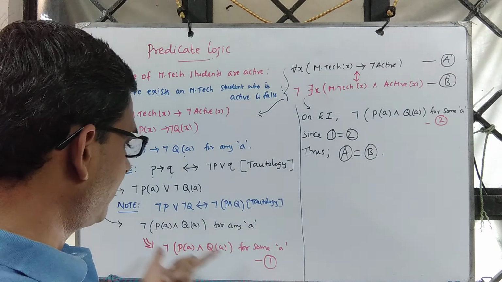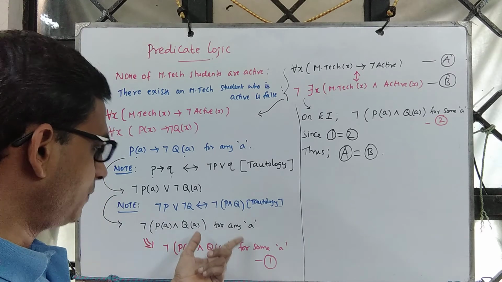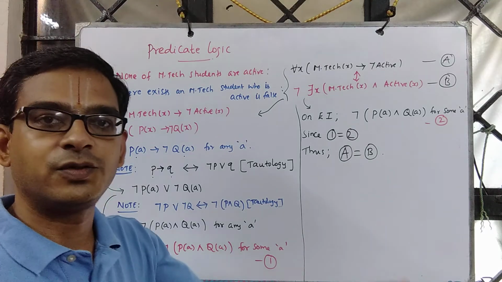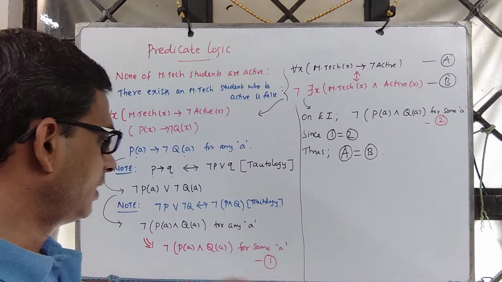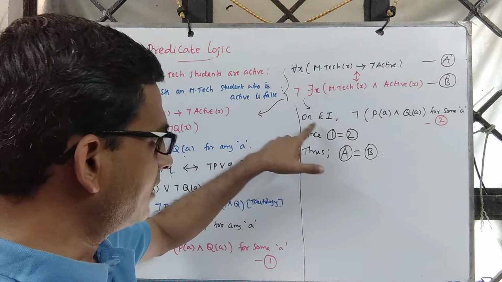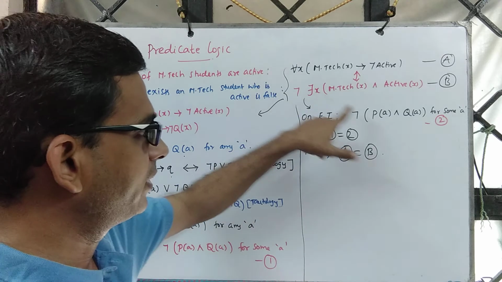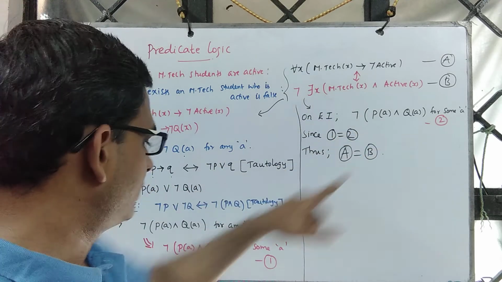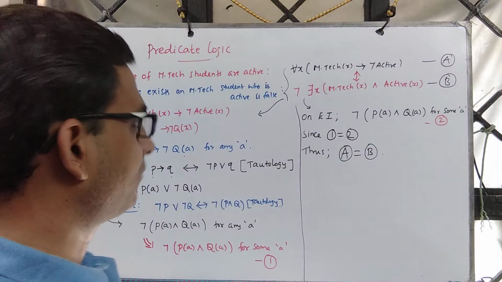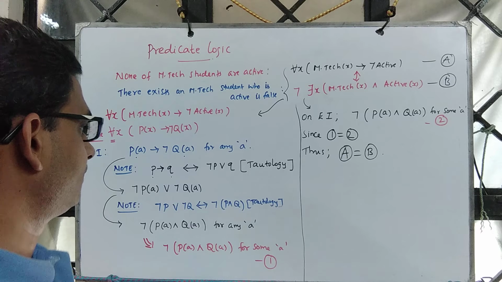And on simplification, we get this, and this is true for any A, which means it is also true for some A. You say all students are good, which means some students are good, and that's really what we have. Here instantiation should be done because this is in the propositional world, so this has to be converted into the propositional world, and you see that these two are one and the same. Therefore, this and this are equivalent.